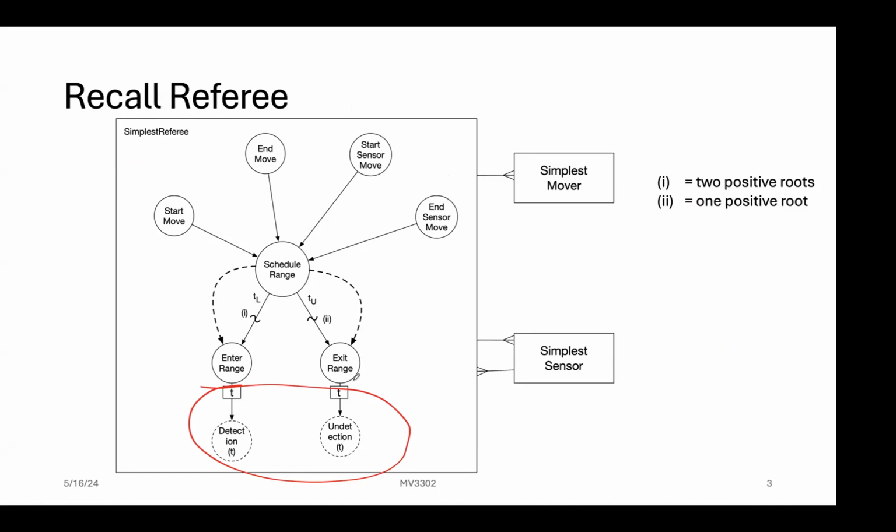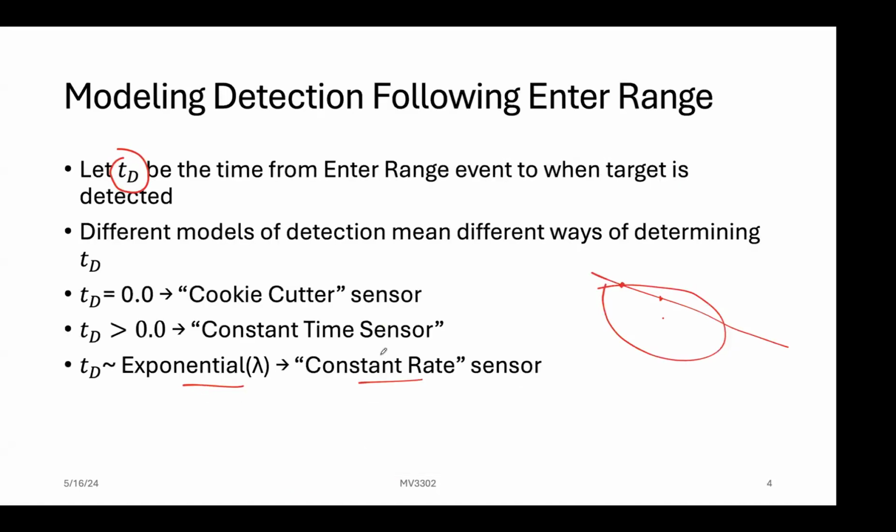In other words, if we reduce the referee's responsibility to just the enter and exit range events, then somebody else is going to have to do this. And the ideal framework is one in which we can plug and play these things fairly easily.